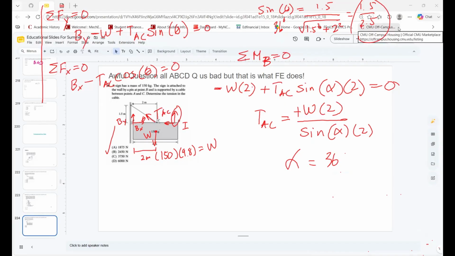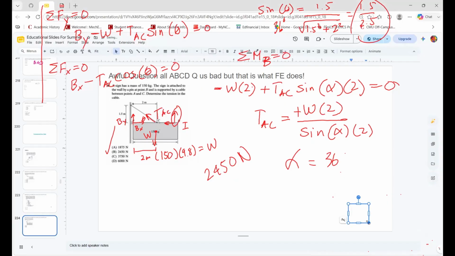Sine of 36, then multiply by 2, and that gives you the same answer of 2450 newtons. Either way gives you the right answer. I recommend you do it the way I did it because it gives me exactly 2450 newtons, but your choice. It is B. The way I did it was basically TAC equals the weight times 2, then 1.5 divided by 2.5, and then multiply by 2.